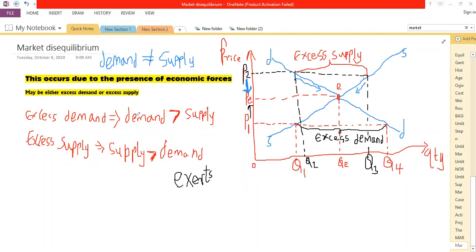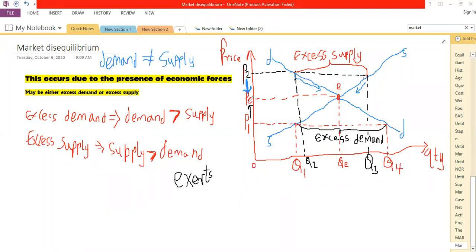An excess supply occurs as an economic force when supply is more than demand. In that case, the excess supply will force the price level downwards. It is an economic force which exerts a downward pressure on the price of the commodity.